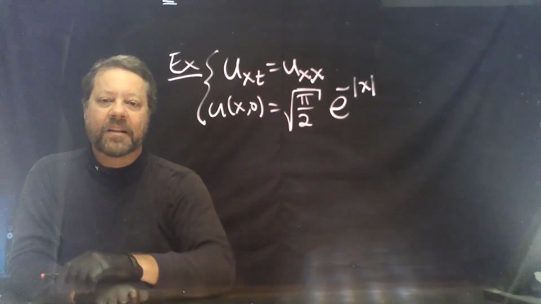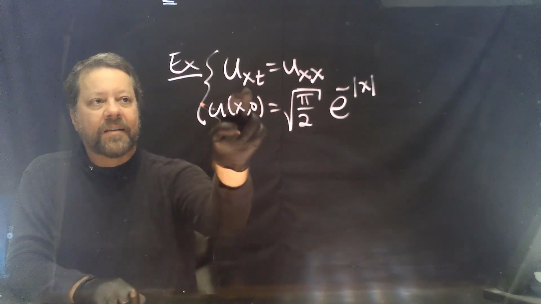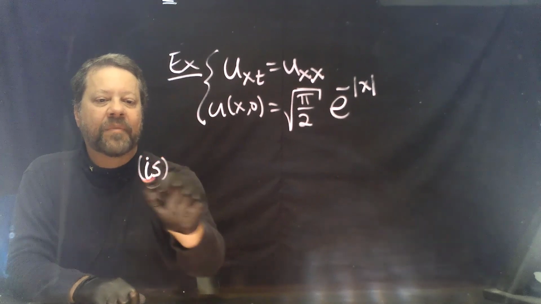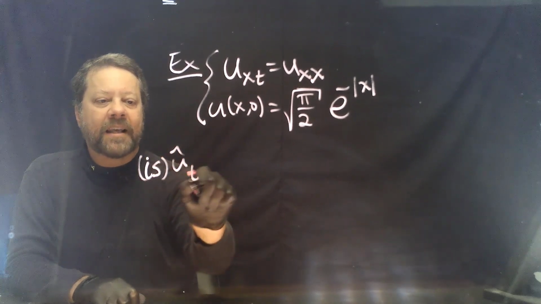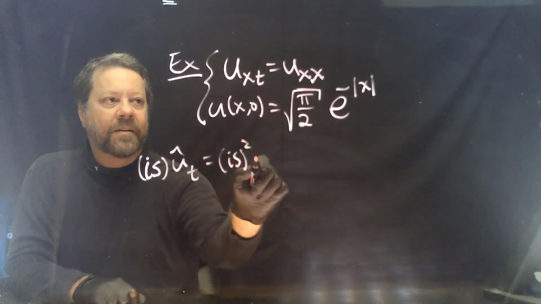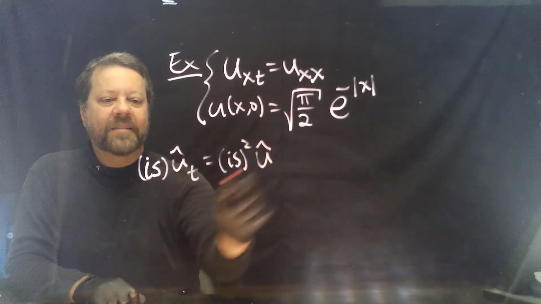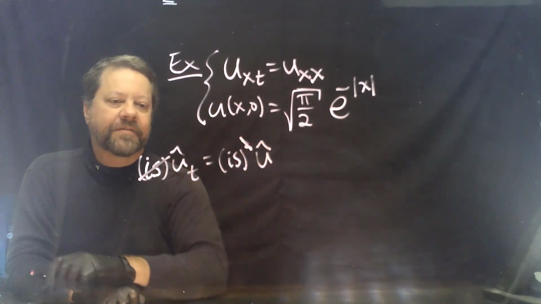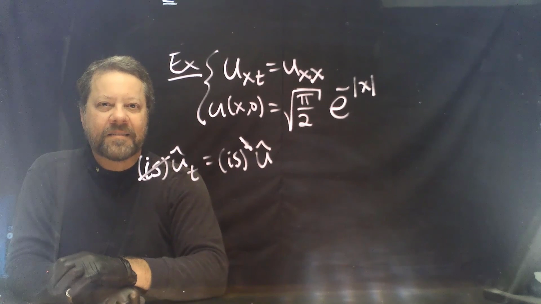We'll apply the Fourier transform to both sides. On the left-hand side, we'll have is u hat t, and on the right-hand side, it's is squared u hat. We can cancel one of the is's off on both sides.